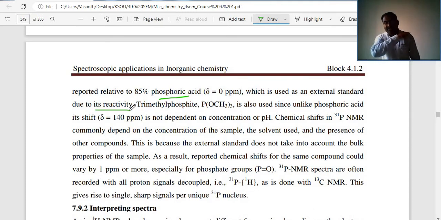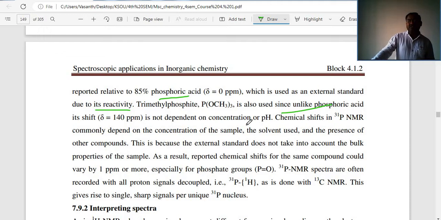Trimethyl phosphate is also used since, unlike phosphoric acid, its shift, delta equal to 140 ppm, is not dependent on the concentration.